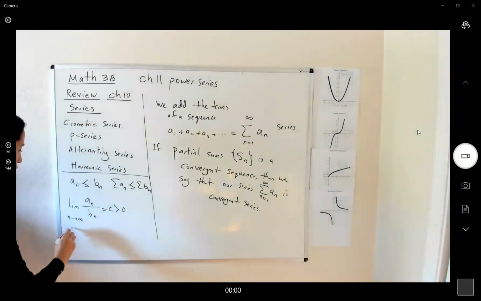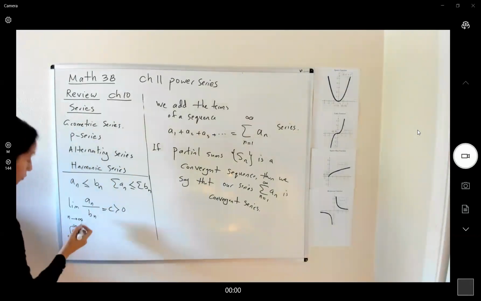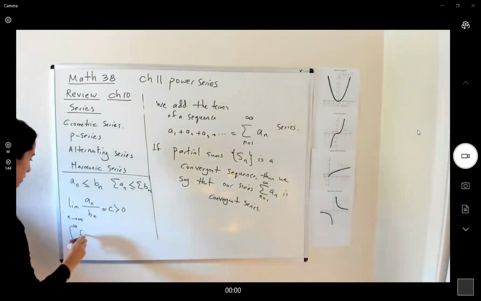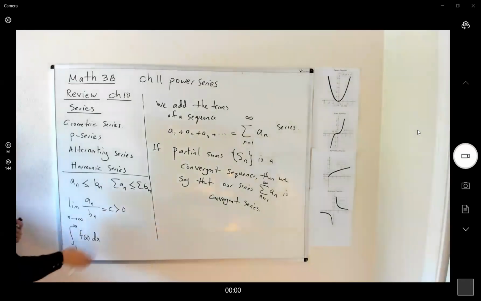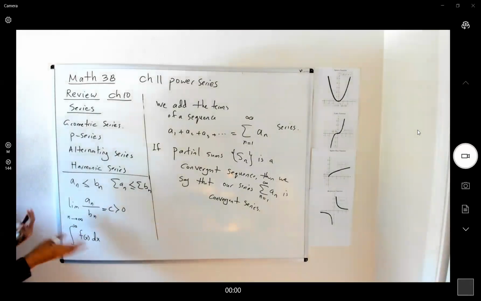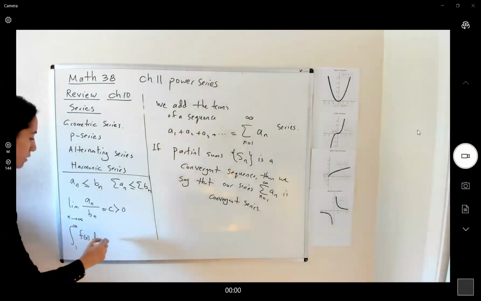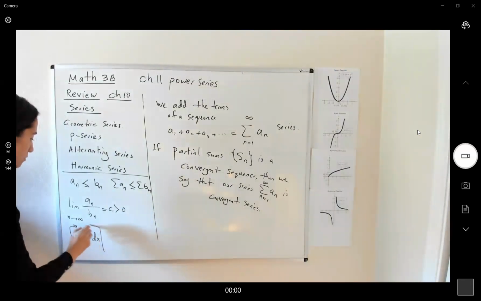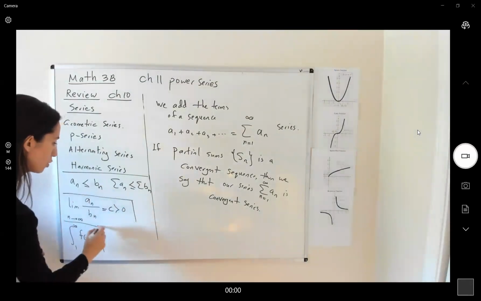We talked about the integral test, the integral from 1 to infinity of a sub n, which was f of n. Now we work with the function f of x dx. And we said that if this improper integral is convergent, then your series is convergent as well. We also talked about the ratio test and root test.